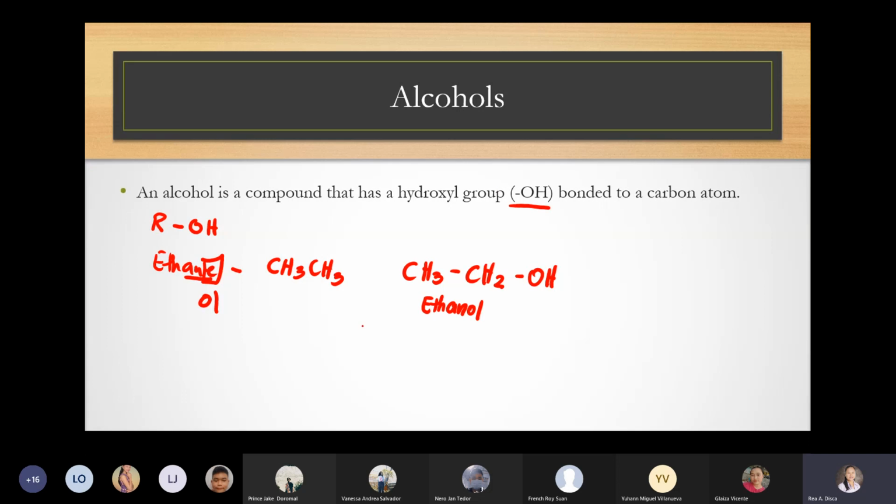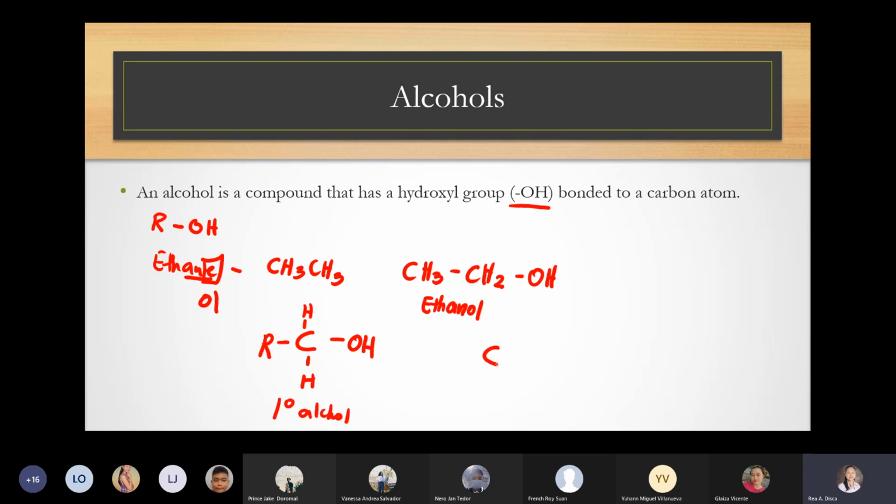For example, first, one alkyl group bonded to the carbon. This is a primary alcohol, or one alcohol.